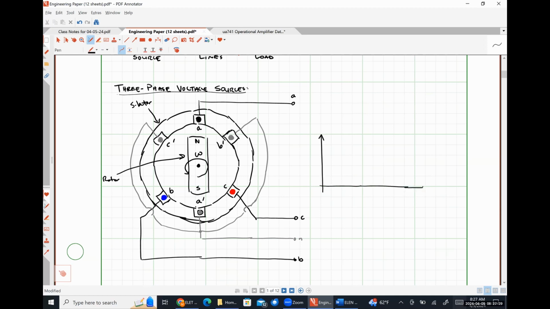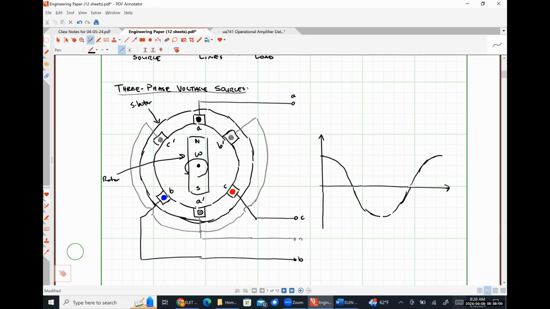And now we are relying on my ability to draw sinusoids, which is equally bad as my ability to draw these circles. So the A phase I did in black. So let's say that this is our peak value here. So it might look something like this. I didn't give myself enough room to do a full cycle. So let me send that a smidge.